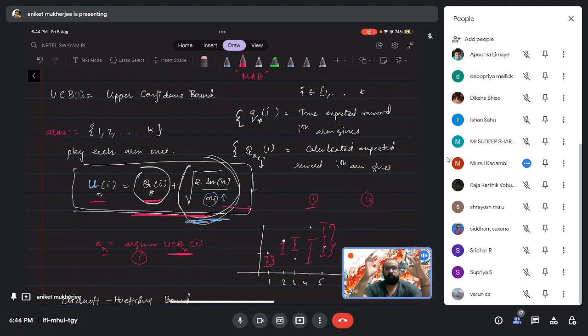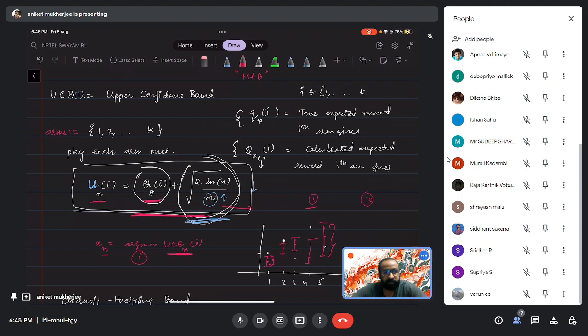The algorithm is so you have an environment which has arms. In that environment, the environment knows arm 1 has this much distribution, arm 2 has this much distribution, arm 3 has this much distribution, arm 4 has this much distribution. Now while you are coding up, you don't know what the distributions are.